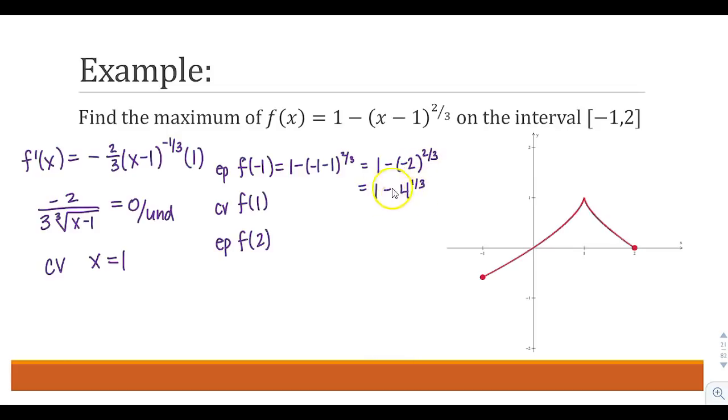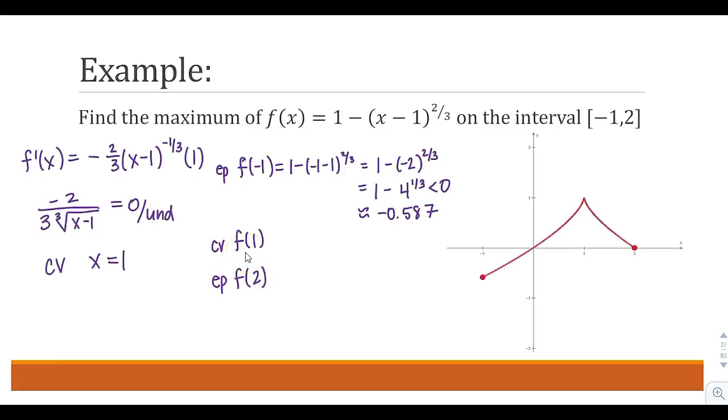Now, I'd have to substitute this into my calculator to get an approximate value, but I should have number sense as to the fact that this overall quantity would be a negative value. So we know this is a negative value because 1 minus a number bigger than 1, but I can approximate it with a calculator and obtain the value negative 0.587.